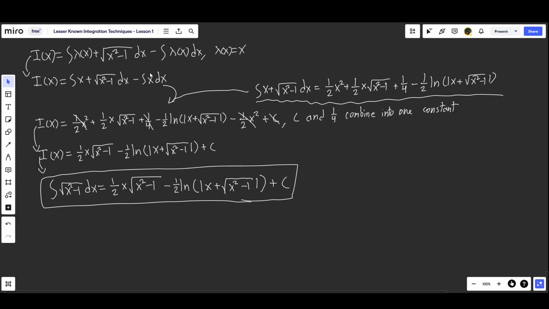And after indefinitely integrating x, we get our final answer that the indefinite integral of the square root of x squared minus 1 with respect to x is equal to 1/2 times x times the square root of x squared minus 1 minus 1/2 times the natural log of the absolute value of x plus the square root of x squared minus 1 plus the constant of integration c.